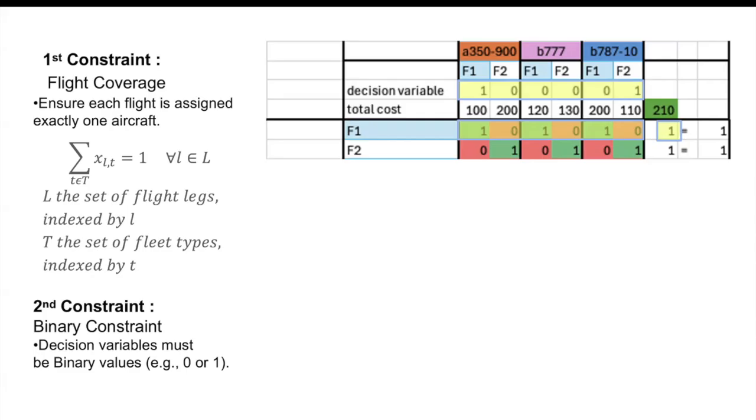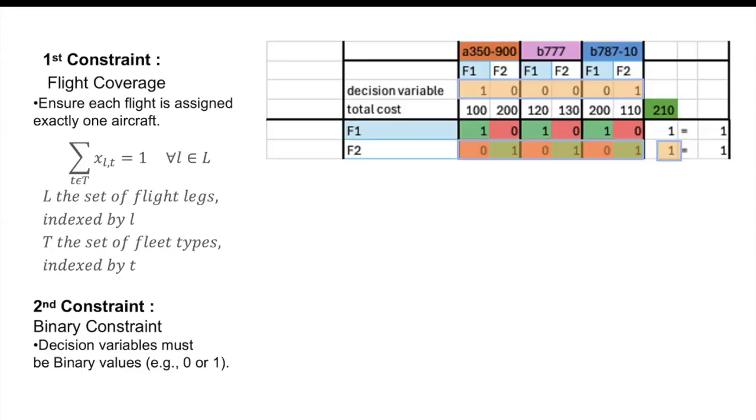For example, if flight H1 is operated by A350, the variables for B787 and B77 will be 0, and the formula will give a total of 1. These cells are the result of the sum product of these two lines as well as this one.